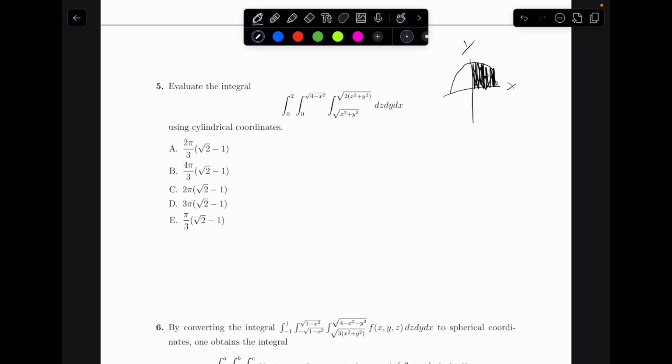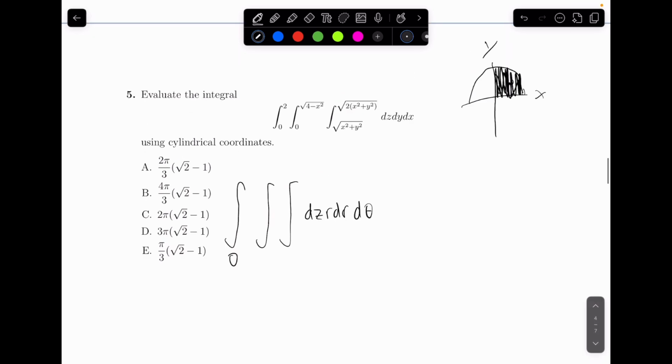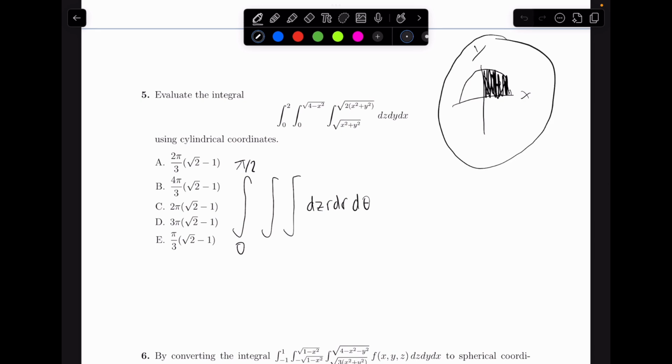So we write out our cylindrical integral. Our outer bound is theta, so I could just write dz r dr d theta. Our theta is 0 to pi over 2 because as we drew in the top right here, our r is of course 0 to 2. Is it? Yeah, it is. I shouldn't question myself.